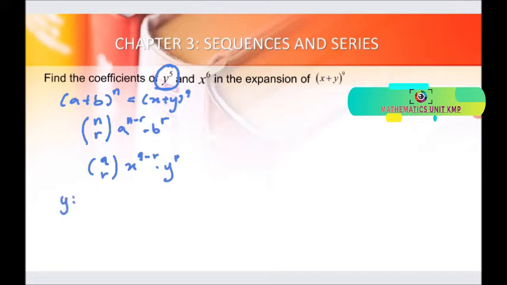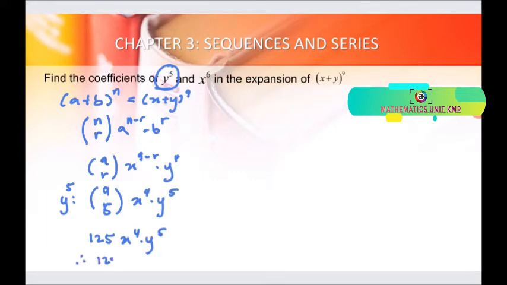So for y to the power of 5, we have 9C5, x to the power of 9 minus 5, 4, and y to the power of 5. And from here we can get the coefficient. 9C5 is equal to 126, x to the power of 4, y to the power of 5. Okay, so the coefficient is 126.